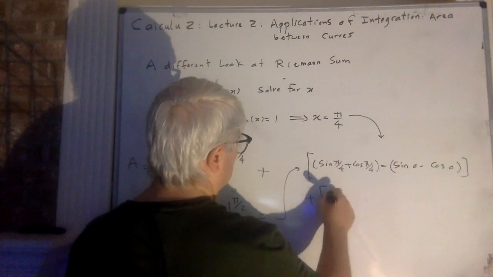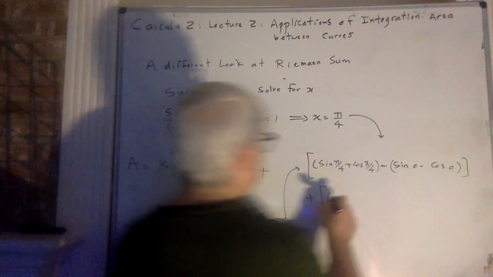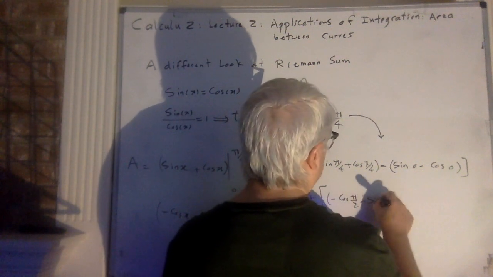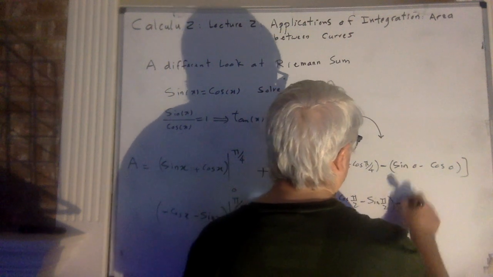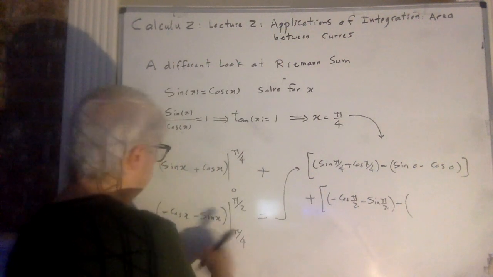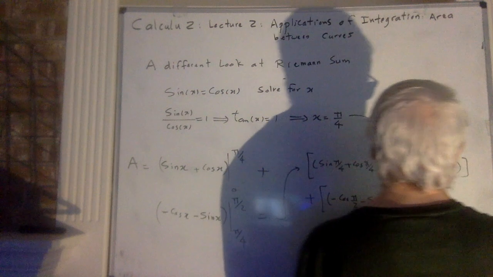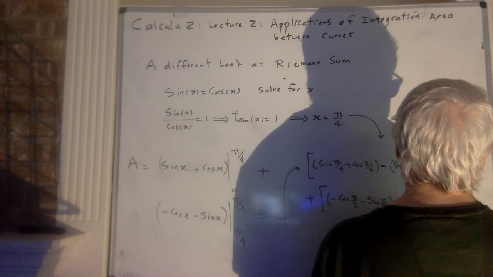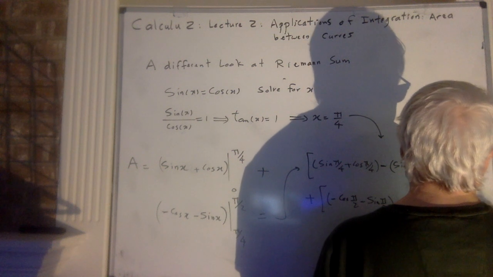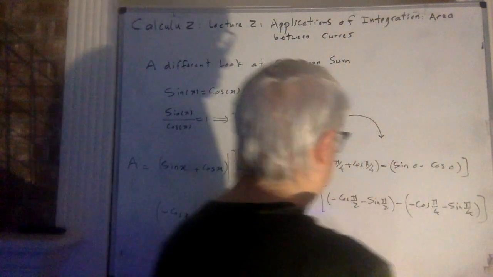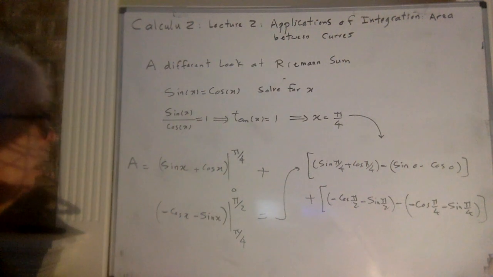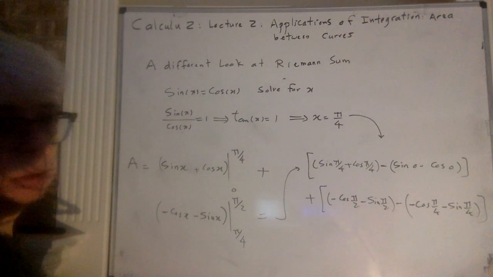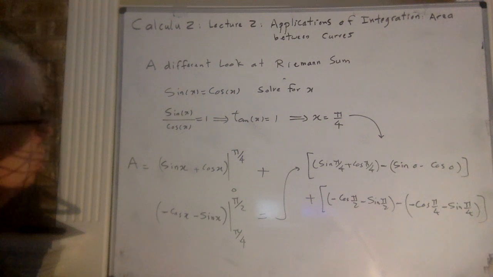Plus minus cosine pi over 2 minus sine pi over 2 minus, minus the pi over 4, minus cosine pi over 4 minus sine pi over 4. Okay. And my suggestion is write them explicitly on some scratch paper and then do the calculation.